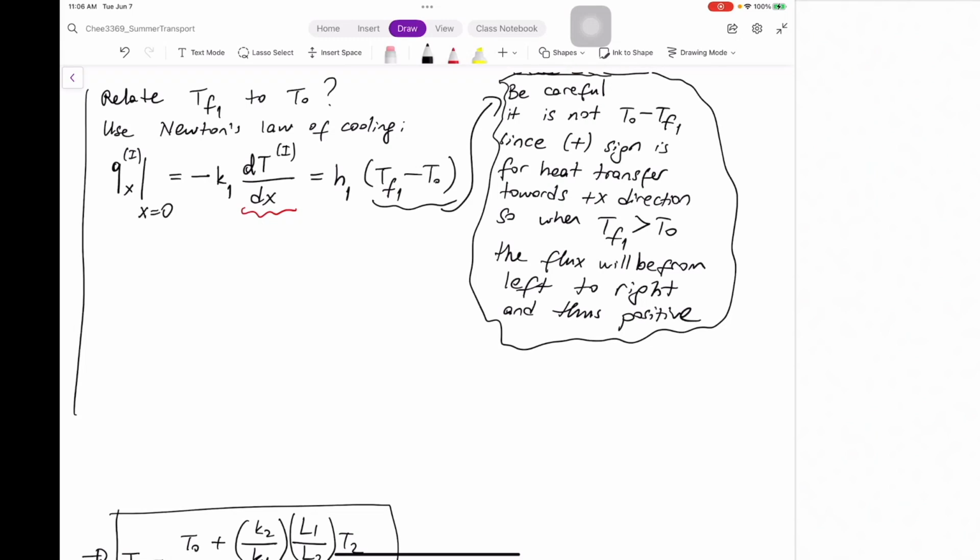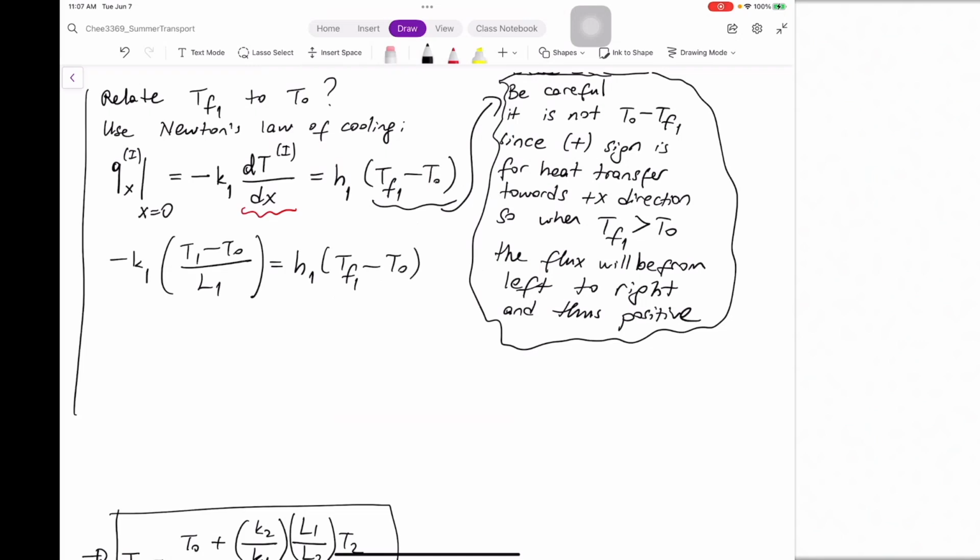Okay. Now you can relate the TF1 to T0 because you can plug in this dT over dx term, and you get minus K1 T1 minus T0 over L1 is equal to H1 times TF1 minus T0.